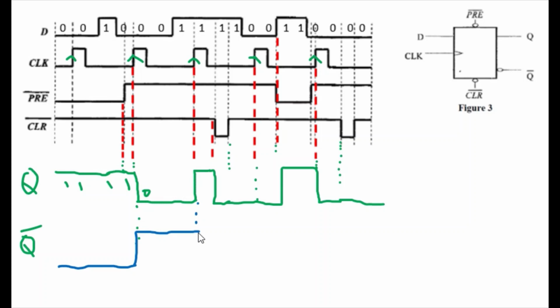Where Q was 1, Q bar becomes 0 like this. Again, where Q is 0, we make Q bar 1. Just draw the complement like this. So this is your Q and this is your Q bar.